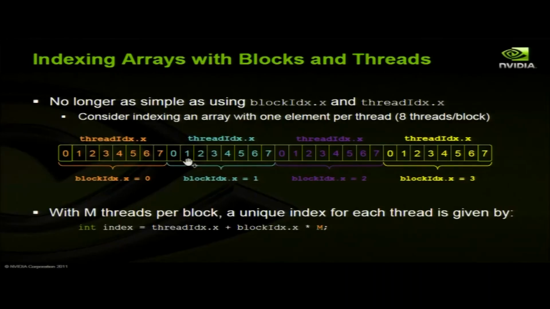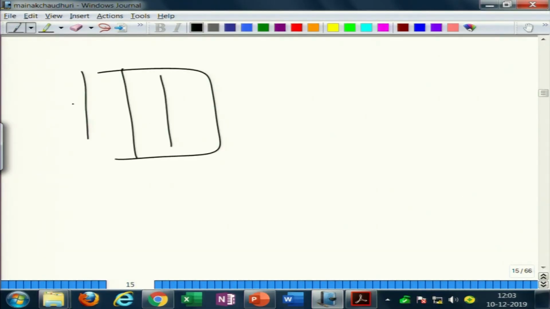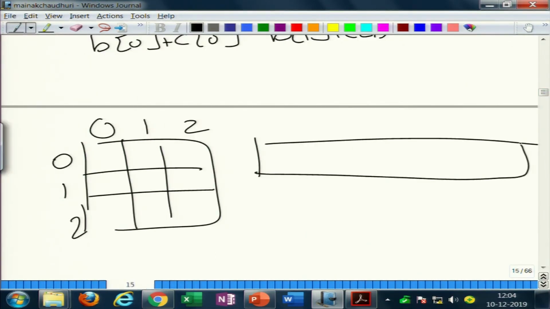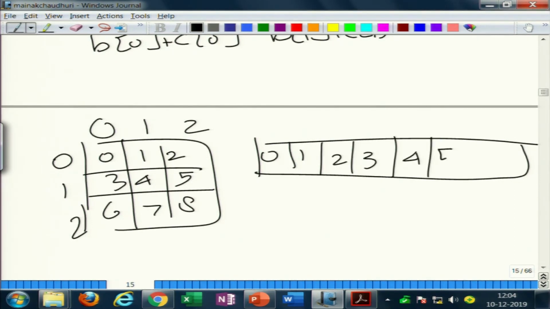But let me give you another example to simplify it for you so that you understand what I am trying to tell. So suppose you had a two dimensional matrix, right? So 0, 1, 2, 0, 1, 2. If I were to convert it to a single dimension, it will be 0, 1, 2, 3, 4, 5, 6, 7, and 8.